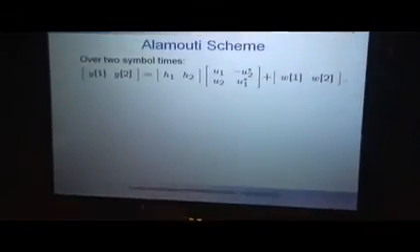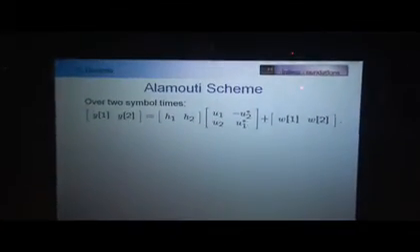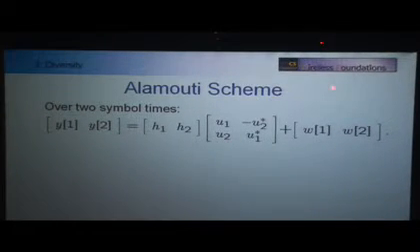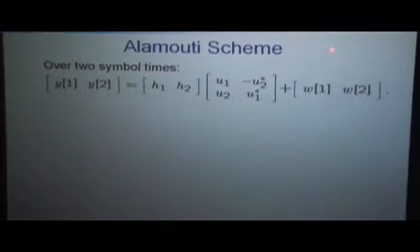Okay, so the Alamouti scheme works as follows. Let me change this to time slot 1, time slot 2. The Alamouti scheme wants to send 2 symbols over 2 time slots, but instead of turning off one of the antennas, it sends full throttle.